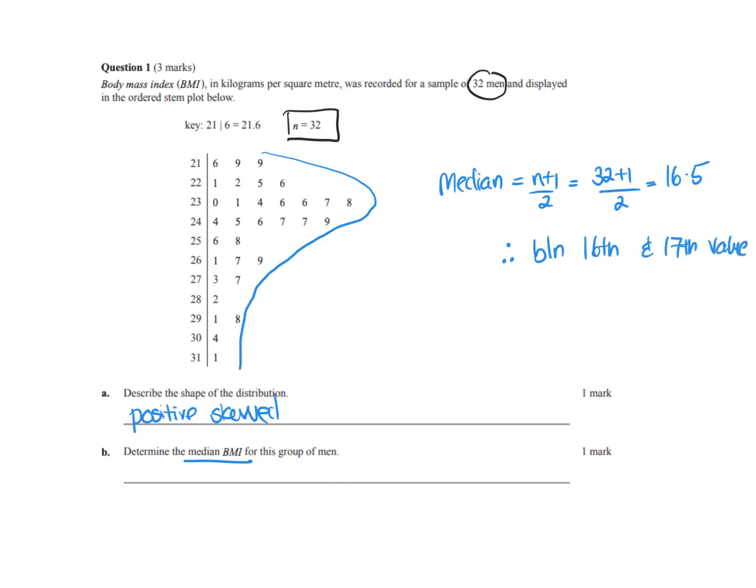So we're going to have to count up. I'm going to count through: 1, 2, 3, 4, 5, 6, 7, 8, 9, 10, 11, 12, 13, 14, 15, 16. Here's the 16th, and that would be the 17th. The 16th value was 24.5 and the 17th value was 24.6.